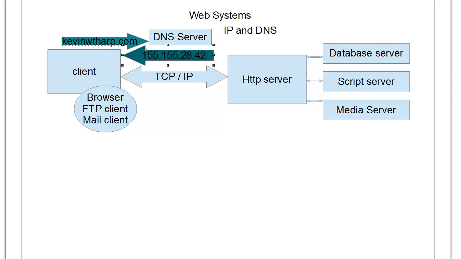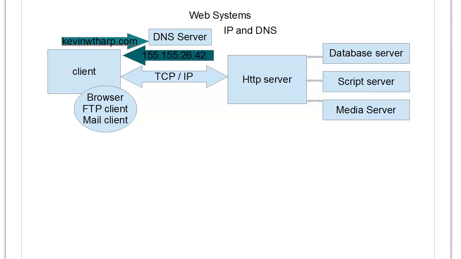But because there is a human factor in that, it's a lot easier for me to remember kevinwtharp.com than whatever the IP address of that is. What we've got is a DNS system, a domain name server system, that allows us to associate that IP address with a domain.